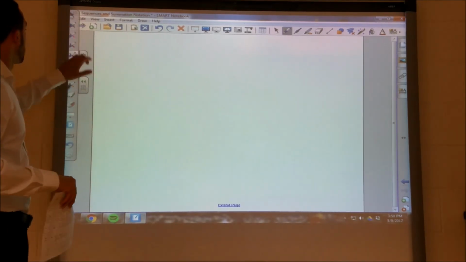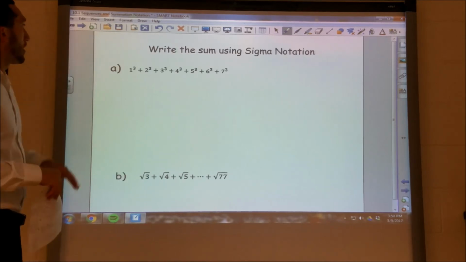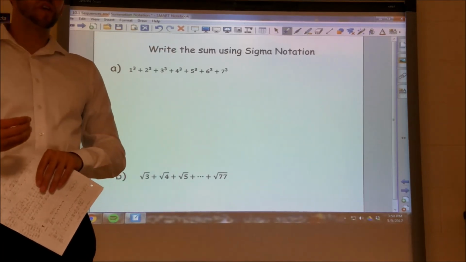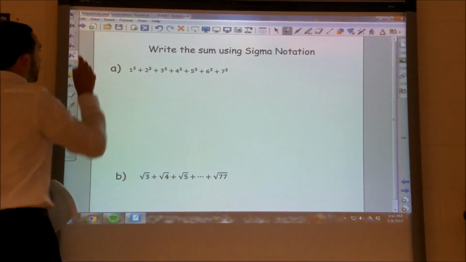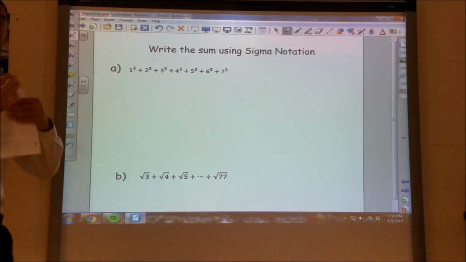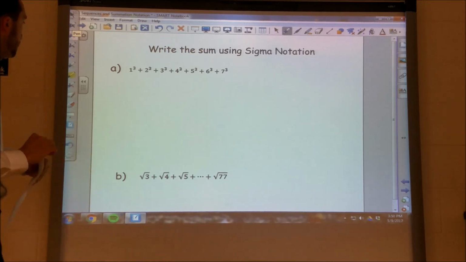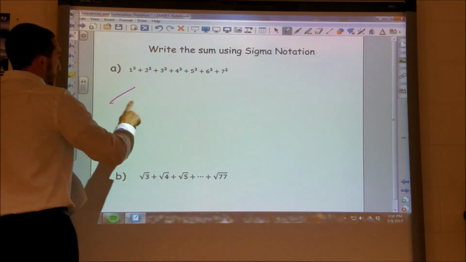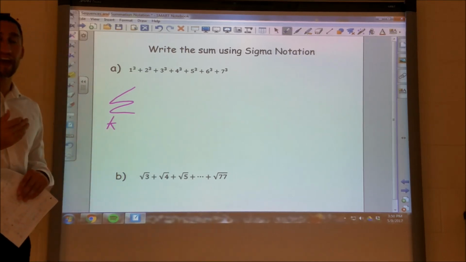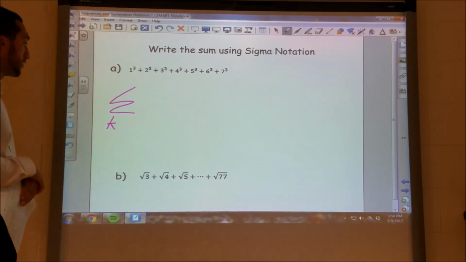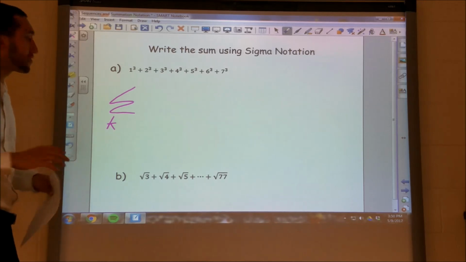And finally, now I want to write the sum using sigma notation. So I'm going to take this big long series and condense it using sigma notation. We're going to write a sigma, obviously, and then typically they start with k, or they use n or j, one of those variables, but it doesn't matter what variable you use.